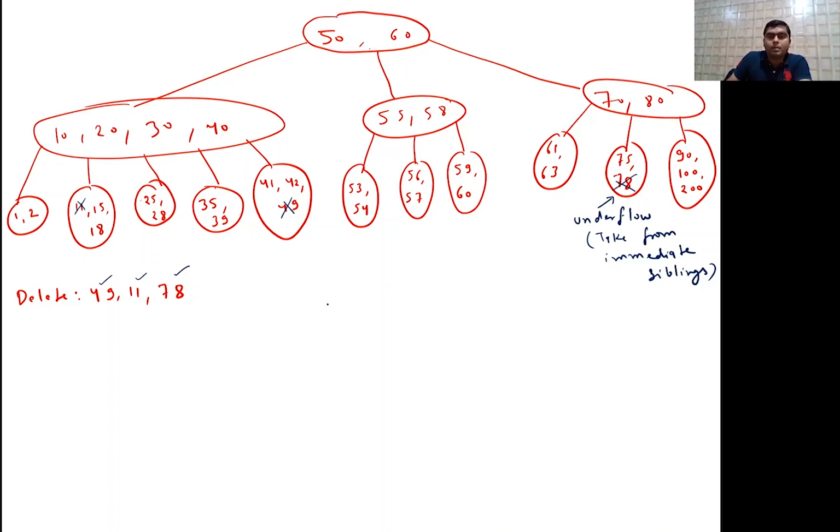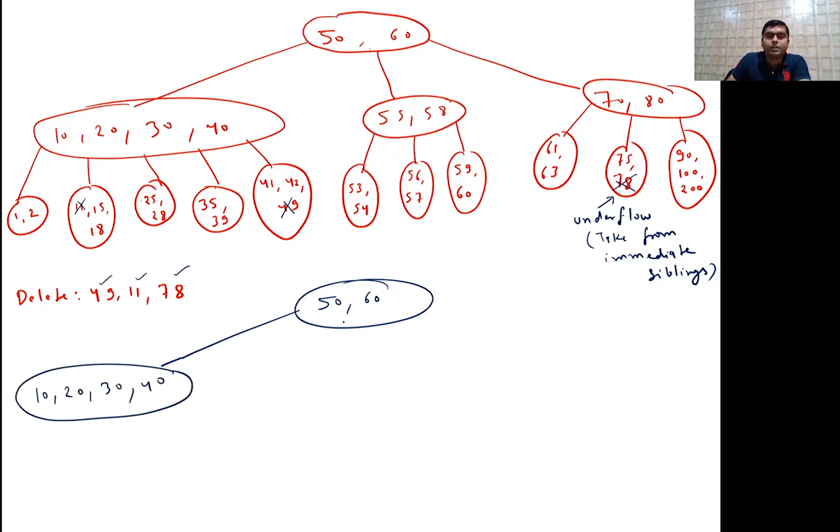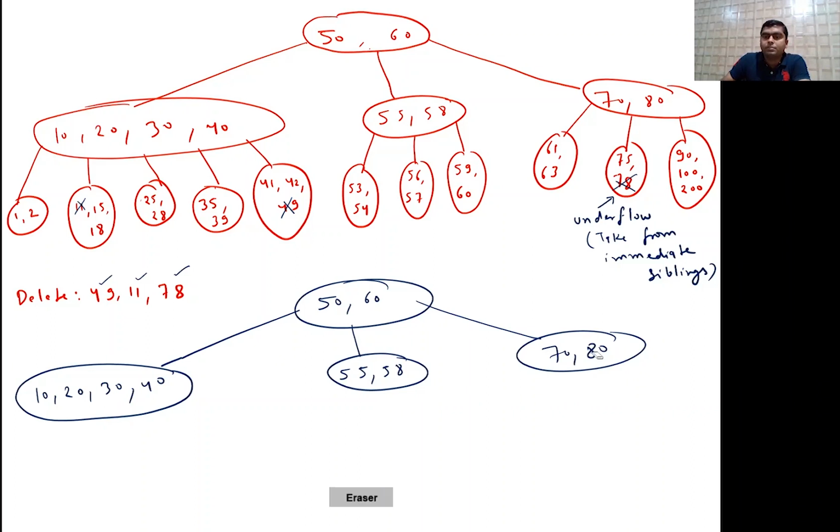According to this, what will be our final tree? The root is 50 and 60. On the left side are 10, 20, 30 and 40. In between is 55 and 58. After 60, it is 70 and 80.